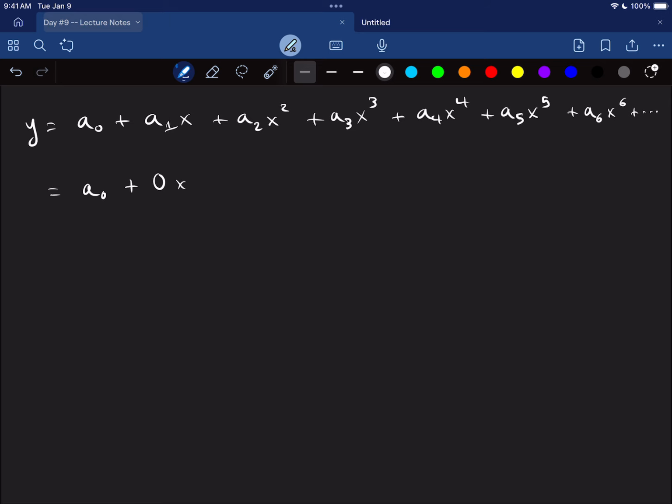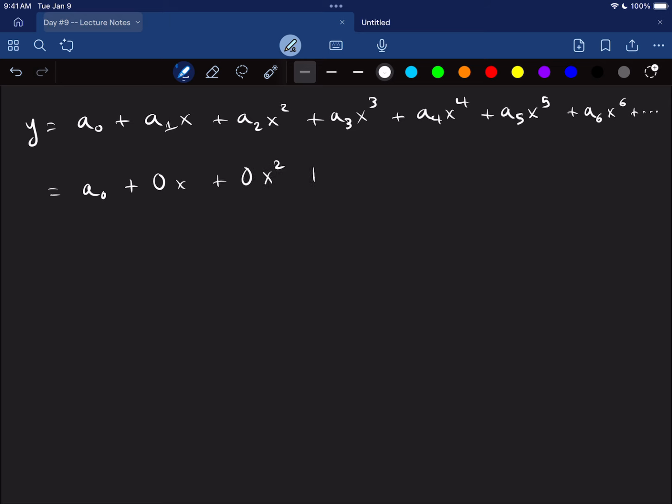A1 is 0. A2 was 0. We already went through all that. A3 was A naught. A4 was 0. A5 was 0. A6 was 1/2. Or, excuse me, it was A naught over 2 factorial we wrote. Of course, all these zeros, let's get rid of them.